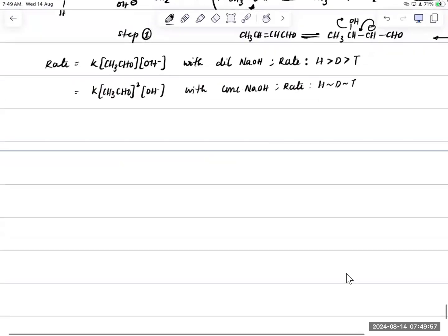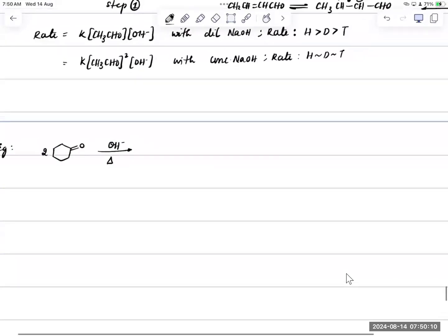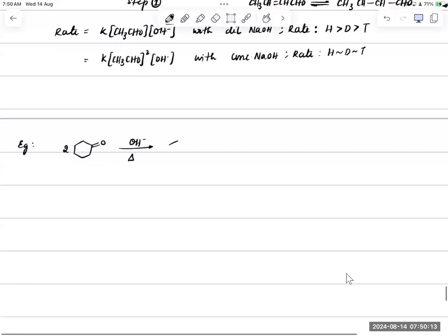Now, given a few questions, you should be able to figure out how the aldol works. Mainly it's all about solving the questions when it comes to aldol, how to solve various cases. So if I take 2 moles here, what is the product? Let me show you one case.